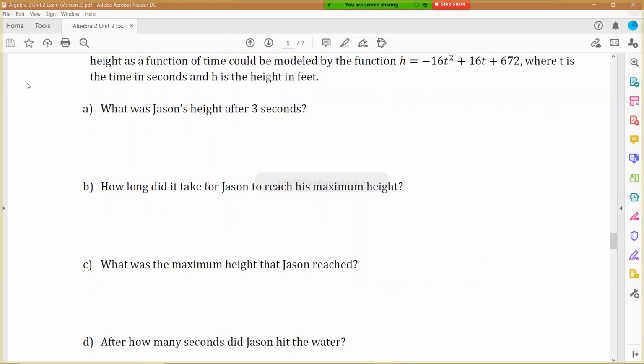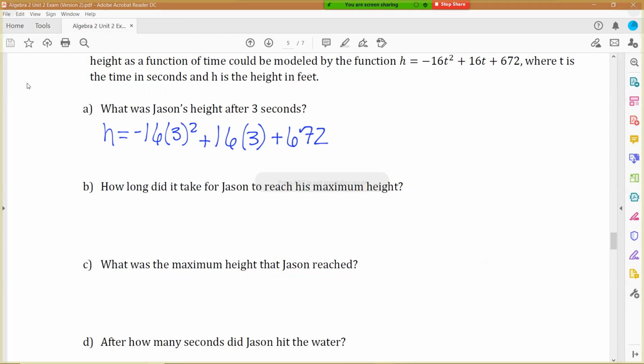So we're just doing a plug and chug. We want to find his height after 3 seconds, so we're going to plug the 3 into what variable, H or T? T. So H equals -16 times 3 squared plus 16 times 3 plus 672. So I would just type all of this in my calculator.